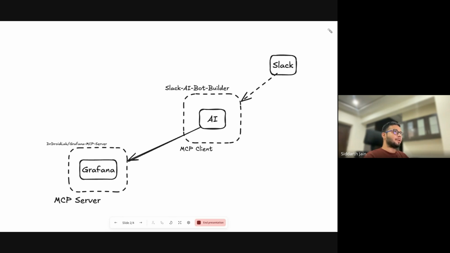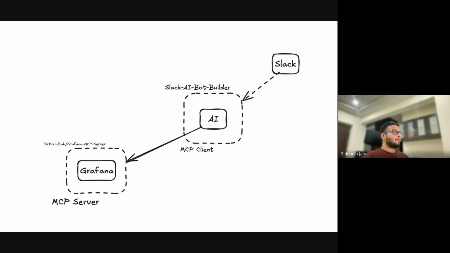One is, of course, our Grafana interactions: how do we expose Grafana, or an MCP server, to an AI, or to automate interactions, and how do we trigger all of this from Slack. So these are the three portions that I plan to cover today. Let me see if I can show you what I'm thinking about here.